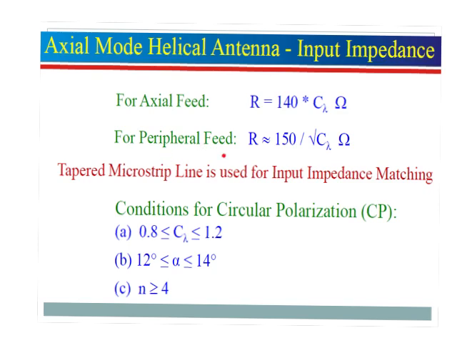For peripheral field, R is almost equal to 150 divided by the square root of C lambda, in ohms. A tapered microstrip line is used for input impedance matching, and the conditions for circular polarization are: C lambda should be greater than or equal to 0.8 and less than or equal to 1.2; alpha should be greater than or equal to 12 degrees and less than or equal to 14 degrees; and n should be greater than or equal to 4.